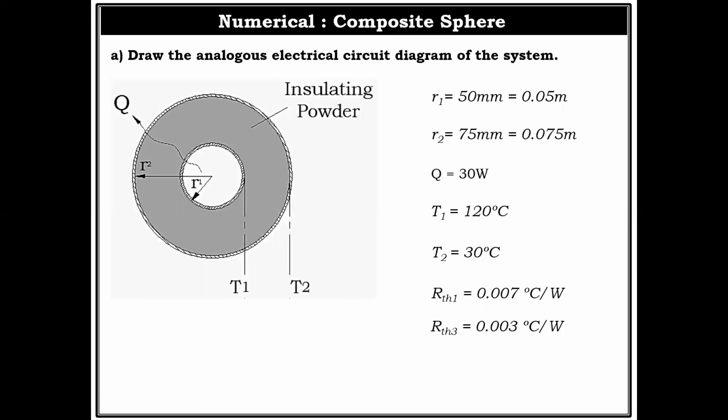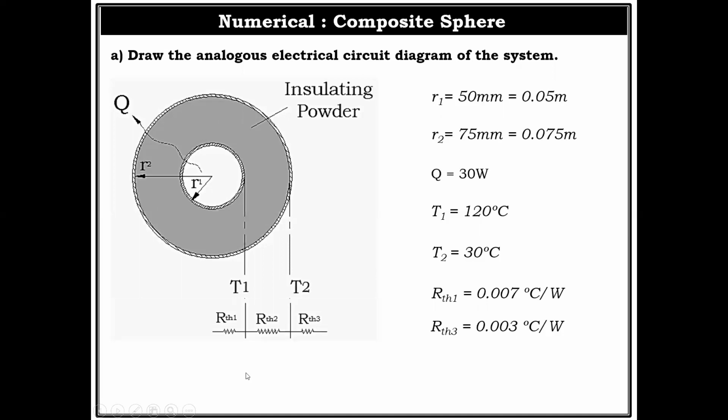So we can't consider heat flow through the thickness of the inner sphere; directly we will use the resistance. Our insulating powder is packed between these two radii. The inner surface has temperature T1 and the outer surface has temperature T2, and between these two spheres there is an insulating powder for which we have to calculate thermal conductivity, and heat is flowing from inner to outer.